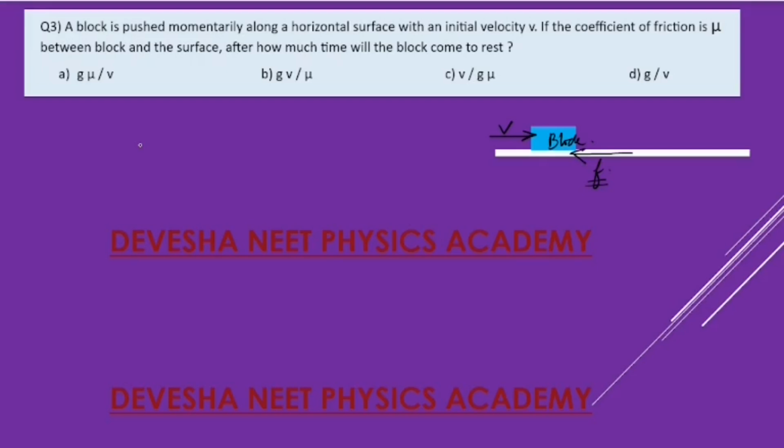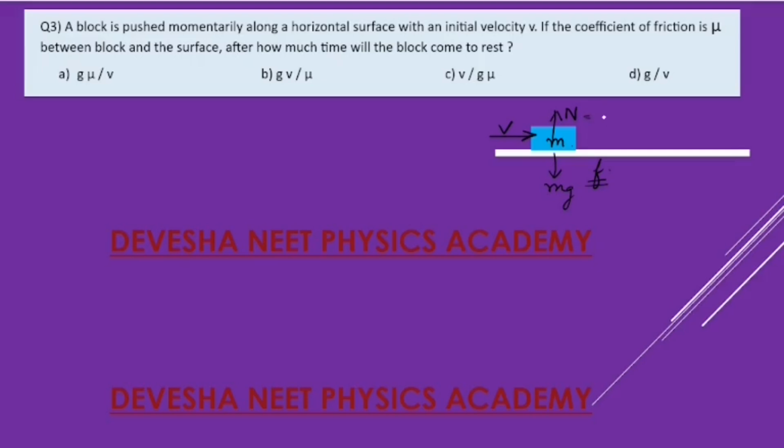Great. So what is the frictional force on this? Okay, if the block has a mass of m, then mg will be the weight, and the normal reaction of this will be N. Let me just change the color here so it becomes easy to understand.